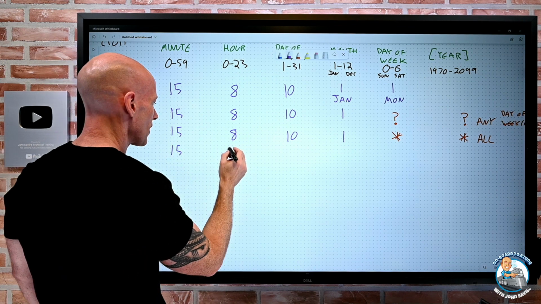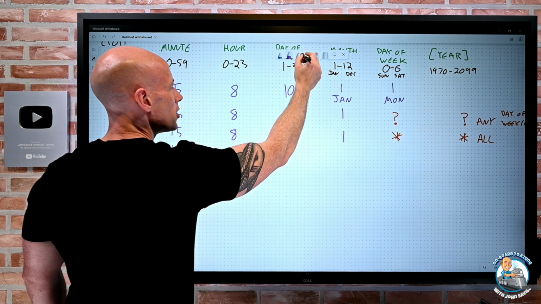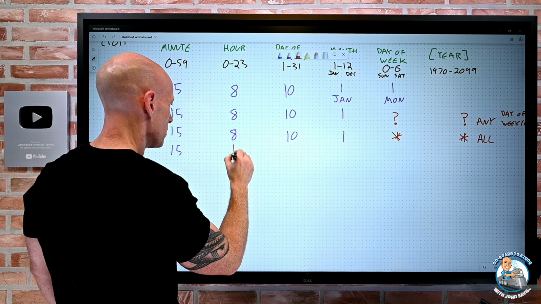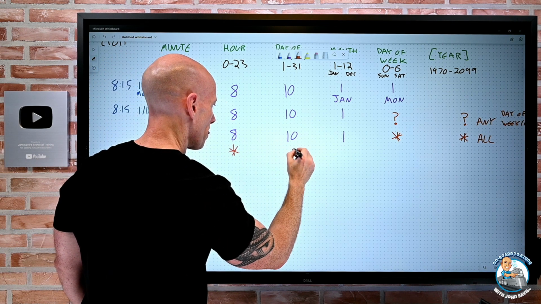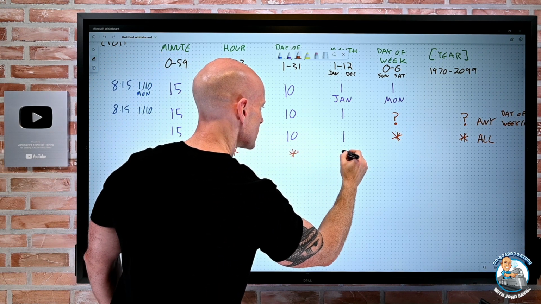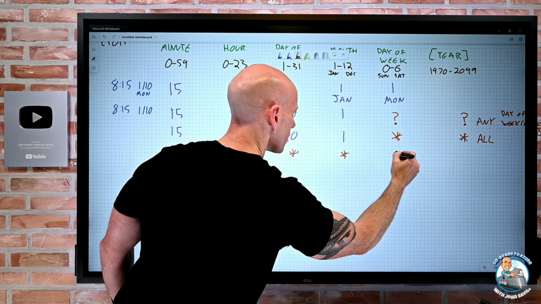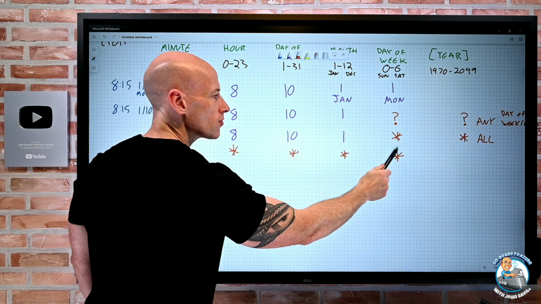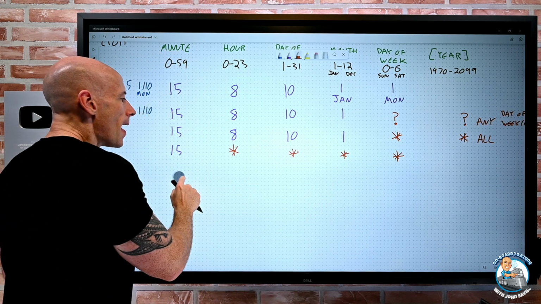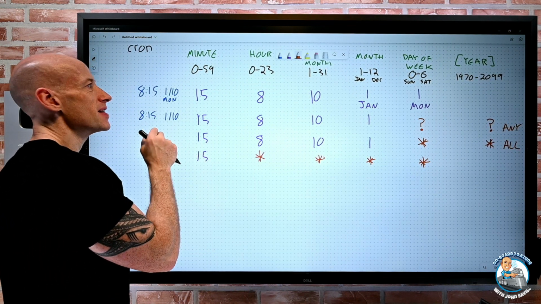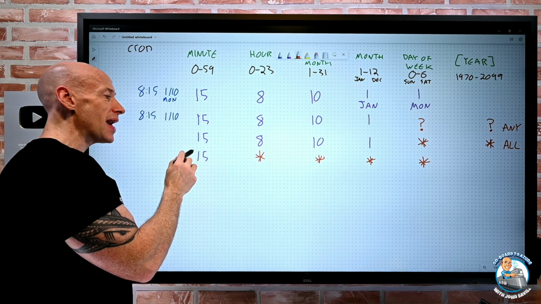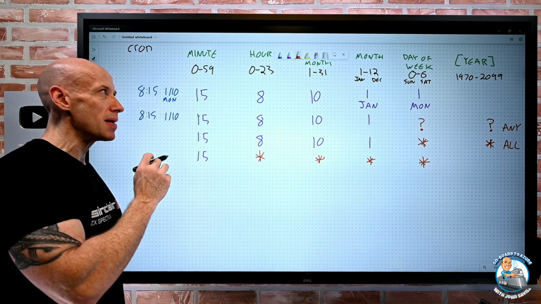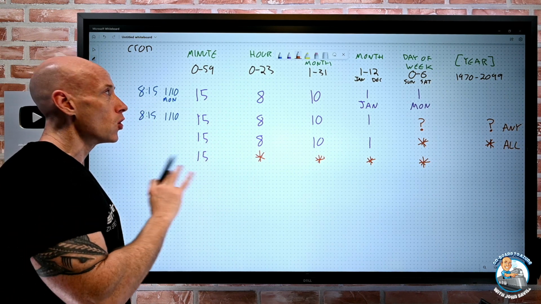15. And I just used the wildcard for everything else. What does this now do? So it's saying all hours, all days, all months, all days of the week at unit 15 specifically. So this is not doing it every 15 minutes, which is maybe how we may originally read this. That's not what it is.